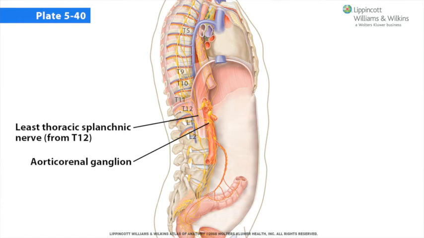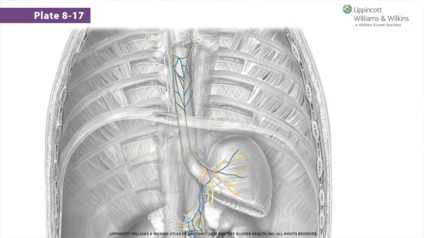The postganglionic sympathetics follow the renal arteries to the kidneys. Parasympathetic innervation to the kidney is provided by the vagus nerve. The sympathetics are thought to be involved with vasoconstriction of the renal arteries, while the parasympathetics are vasodilators.